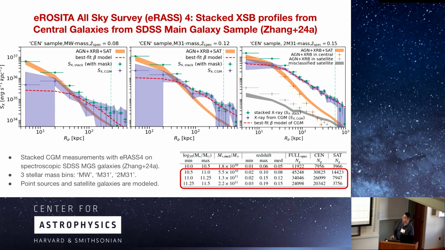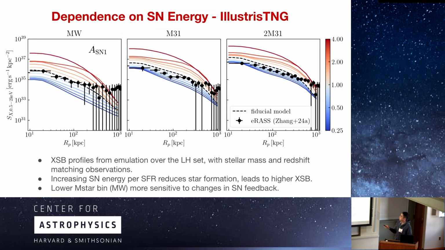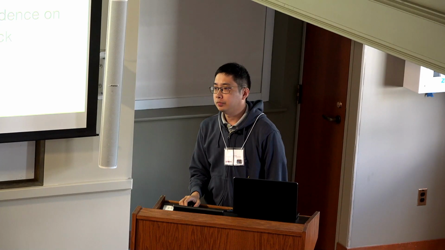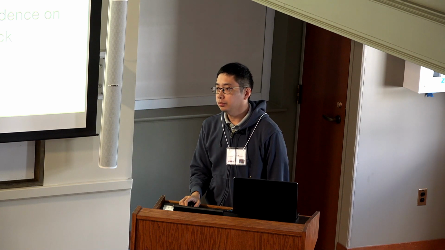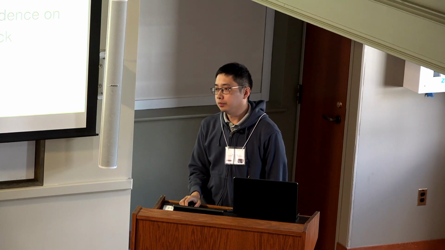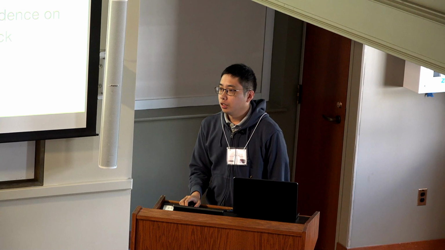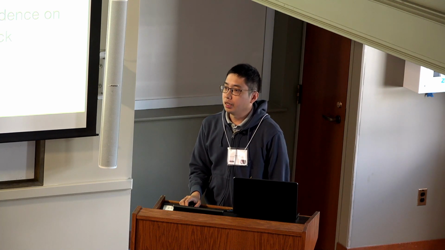For the LX versus M star scaling relations, we compare up to the virial radius. I was wondering because those eROSITA-derived luminosities from the stacks are from thousands of galaxies. Are you just comparing it to single halos in the simulations, or are you also doing a stacking? I'm also doing a stacking in the simulation.